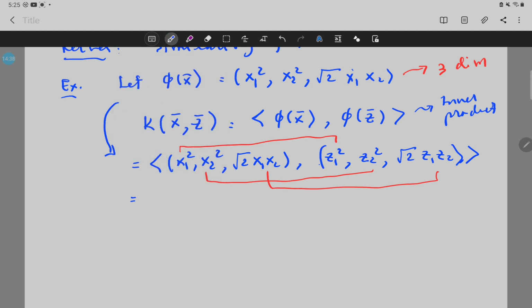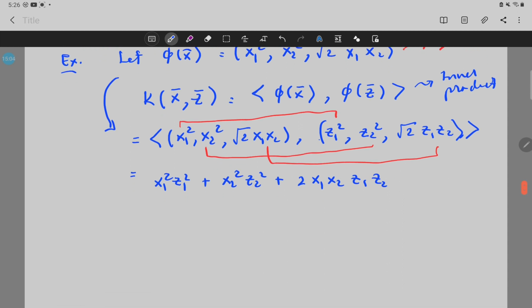So what you have is just x1 squared z1 squared, plus x2 squared z2 squared, and then plus square root 2 times square root 2, you get 2, times x1 x2 z1 z2. So if you do this, this is actually just (x1 z1 plus x2 z2) squared.